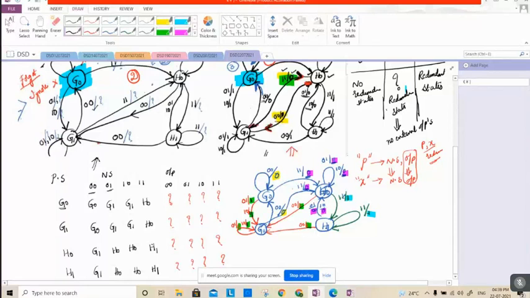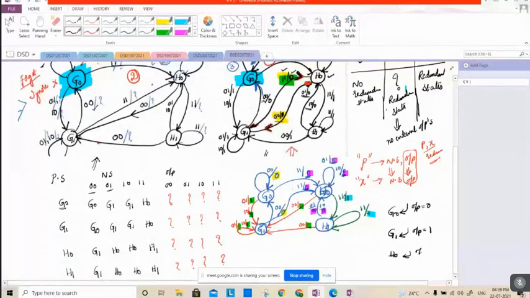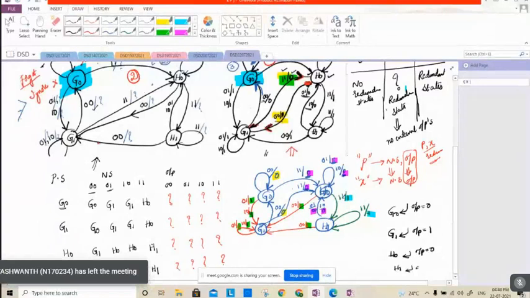The line 0, right? So output is 0. Towards G1, 1, sir. 1. Towards H0, 0, sir. Towards H1, ones. H1, right.